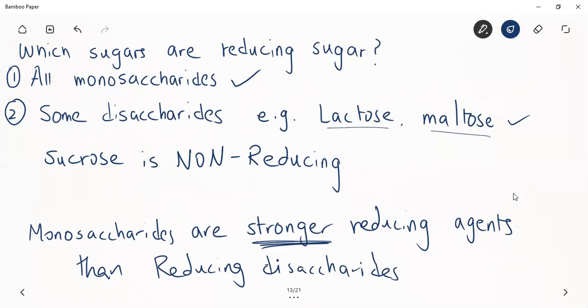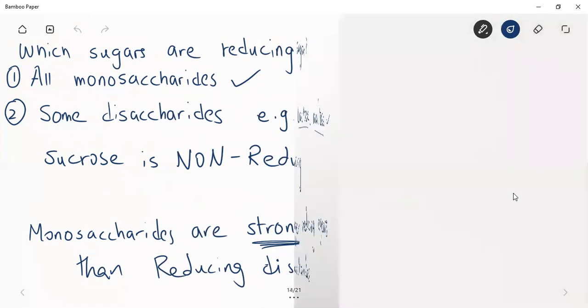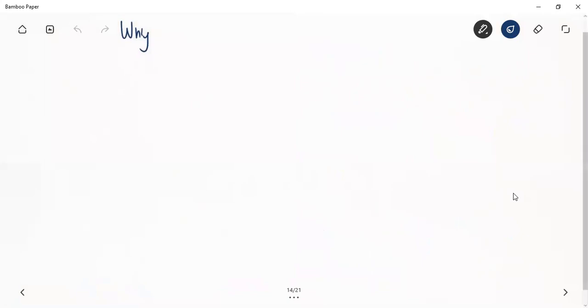If, mashallah, many of you are very curious and you want to know why it is so, we can discuss here. Why is it that monosaccharides are more powerful reducing agents than disaccharides like lactose and maltose? First of all, why are sugars reducing? A sugar is reducing if it has a free active group. What is a free active group?